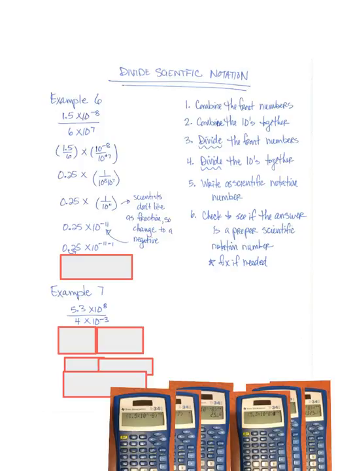We moved it 1 decimal place, and it's a big number, so we compensate by making the exponent smaller. So we subtract off 1.